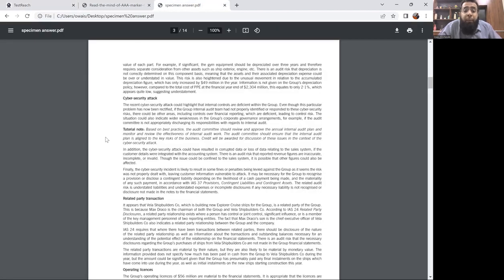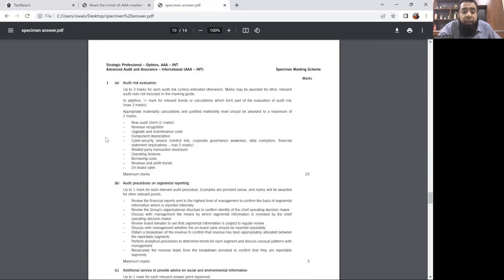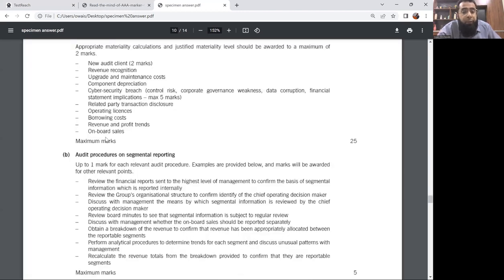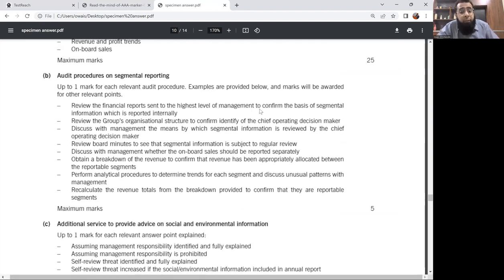Just go to the examiner's marking scheme, okay? And you can find the relevant procedures here, okay? Review the financial report sent to the highest level of management to confirm the basis of segment which is reported. Candidate A referred to this point.